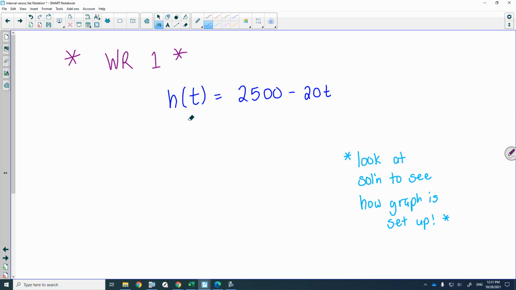Sorry, it says written response number 1. It's question 31 in your package. The equation is h of t is equal to 2500 minus 20t. This is what you're punching in on your calculator. And then you could get your graph.